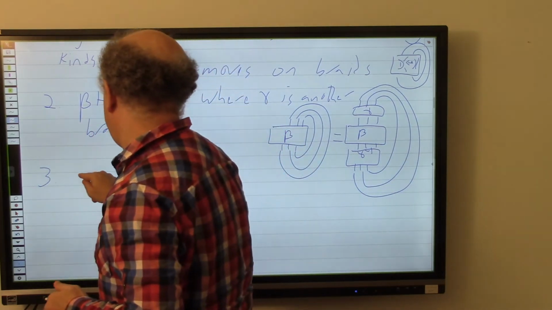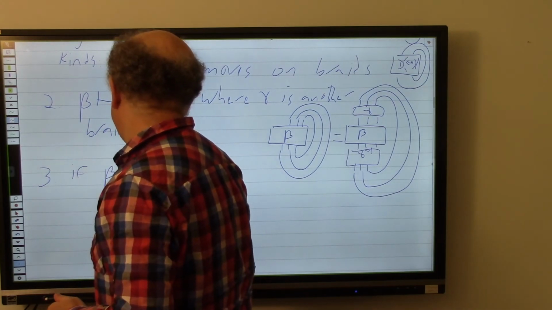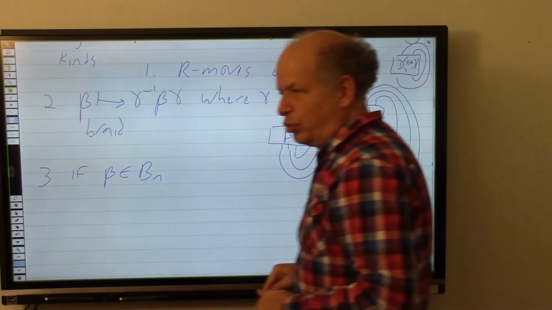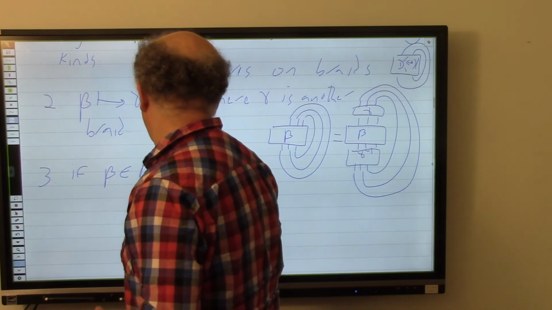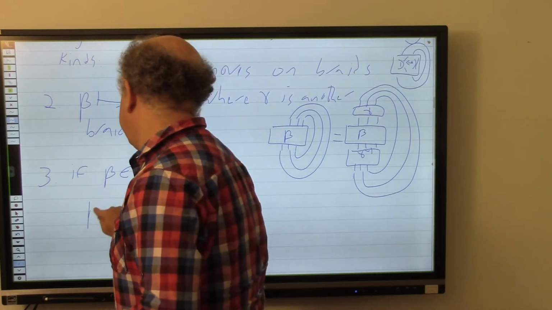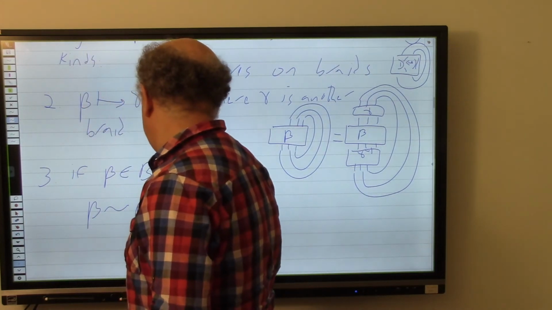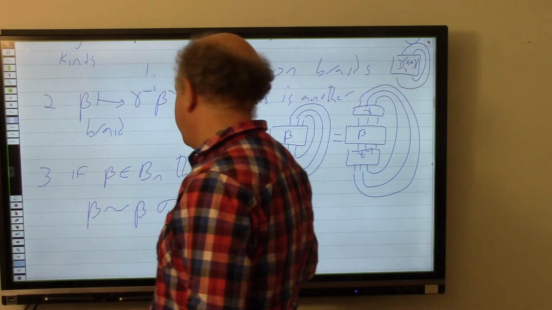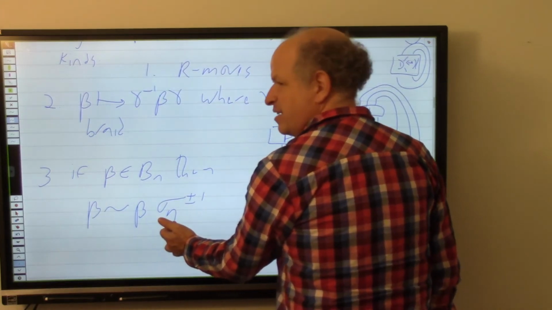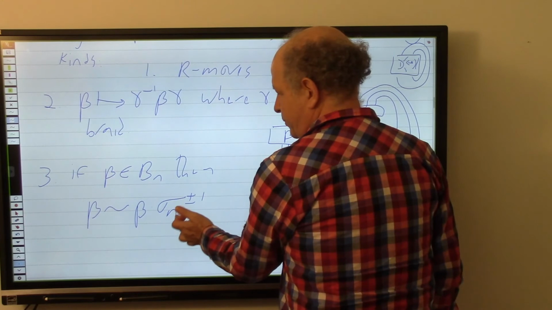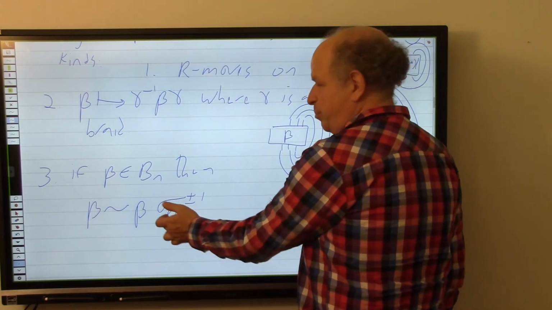Okay? And then the last property is the following. If beta is a braid in the nth braid group, then beta is equivalent to beta multiplied by sigma n to the plus or minus 1, where I remind you that sigma n is the braiding of strand number n, the braiding in position n.